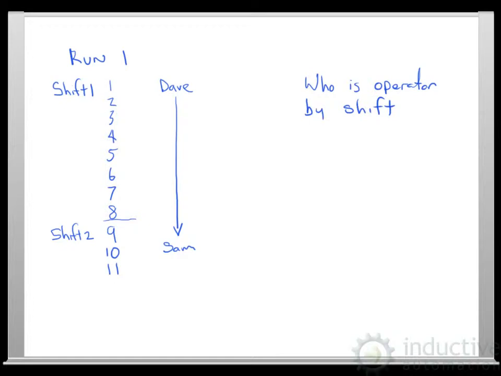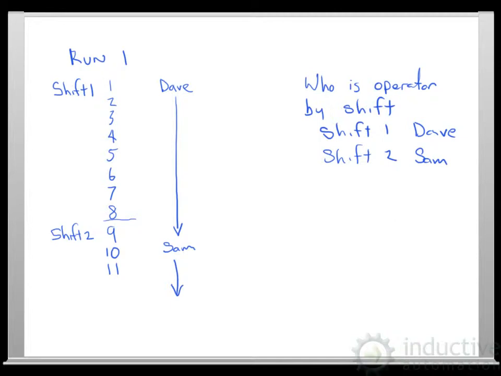Well, shift 1, that's easy, Dave. Shift 2, well, if we used the beginning of shift 2, we would pull back Dave, which would be incorrect. But it really is Sam.